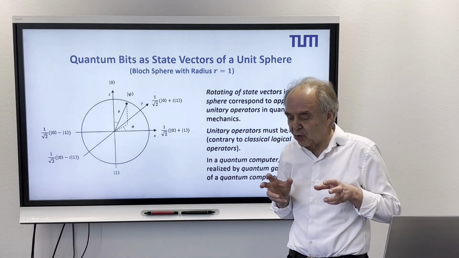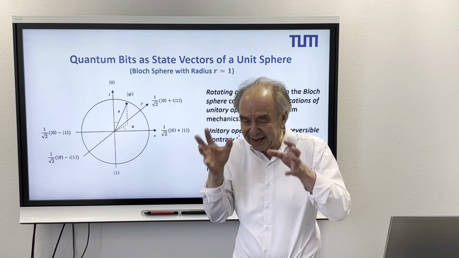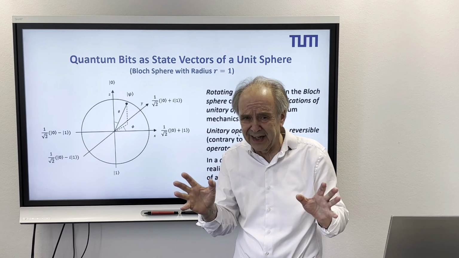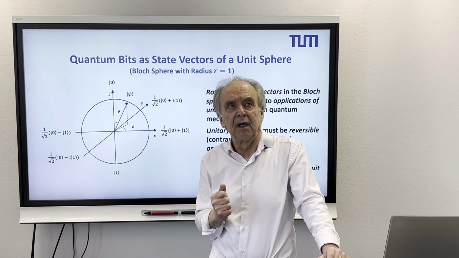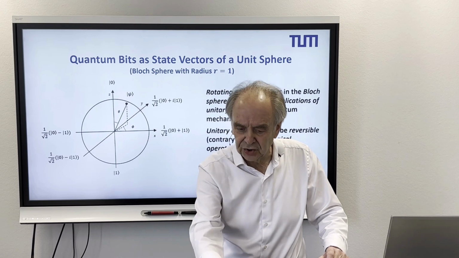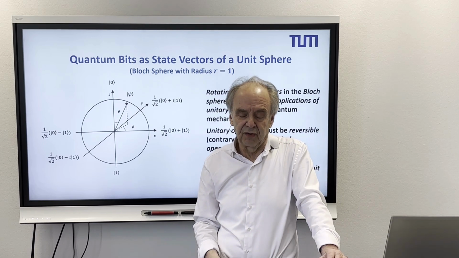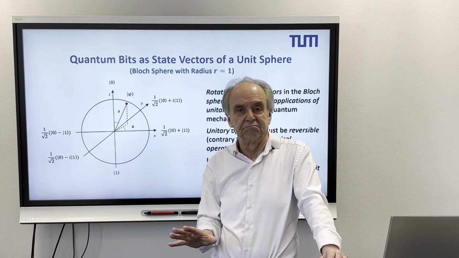Now we have to understand what a quantum computer is. A classical computer is nothing else than, let me say, a box of classical gates. Classical gates which are founded on the logical connectives in classical logic. Nothing else.